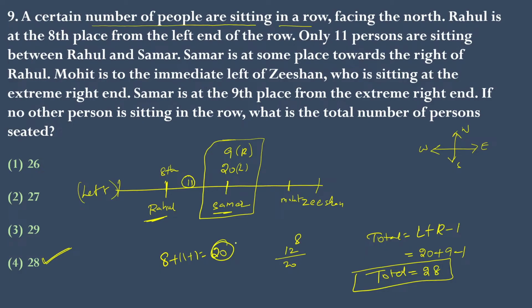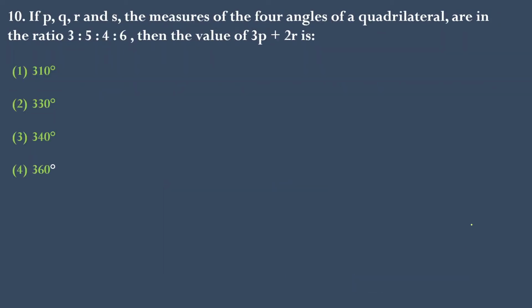In the question they gave Samar's place from the right. So total is equal to left side position plus right side position minus 1, we get the total 28. Right. Next question.